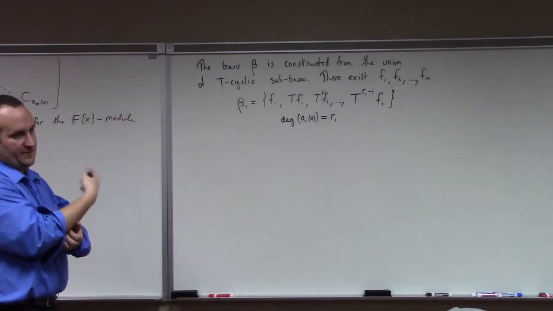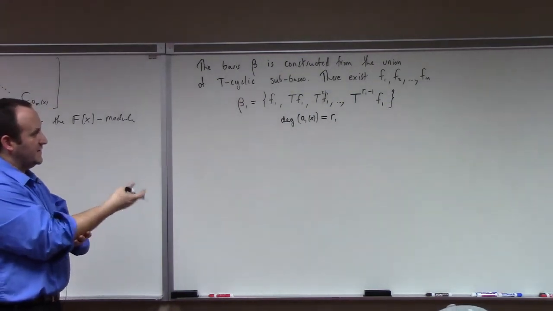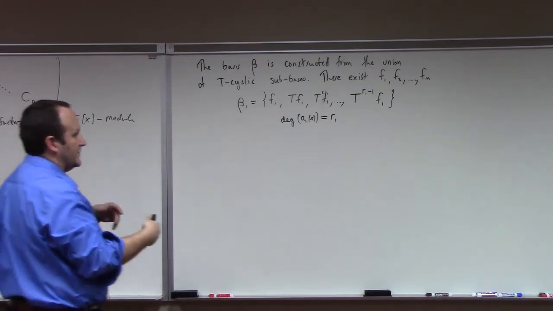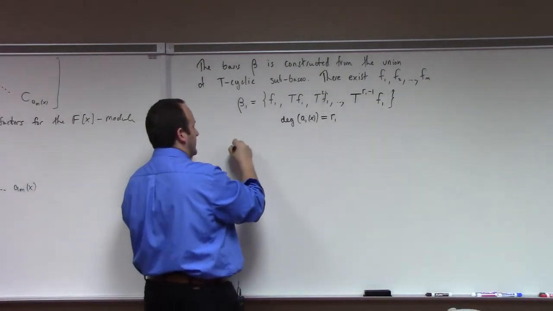So that would be the first part of the basis. We have this fundamental vector F1, and then we take powers to get the rest of it. And then this continues. There's a beta 2 that's similarly constructed.